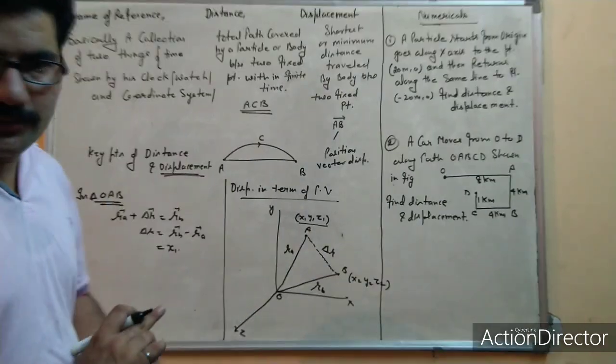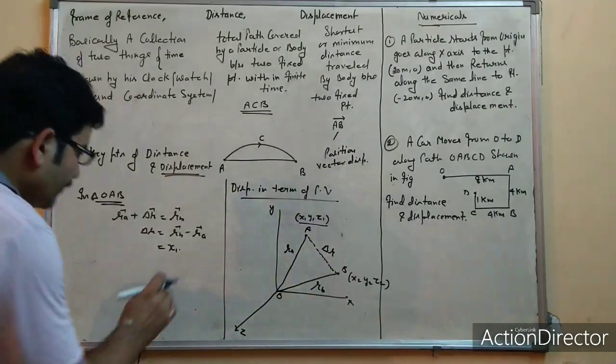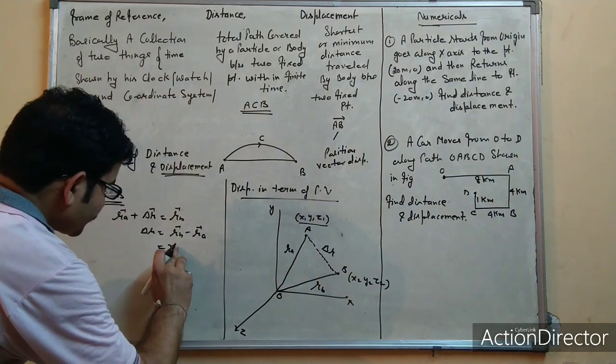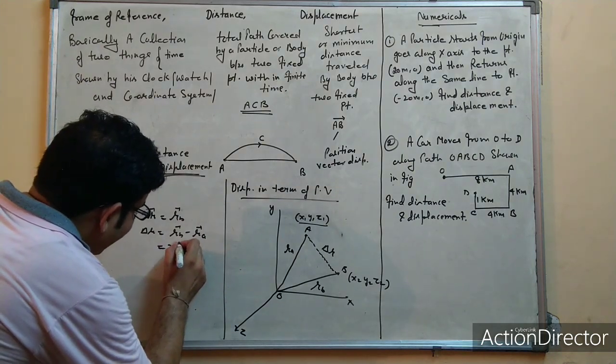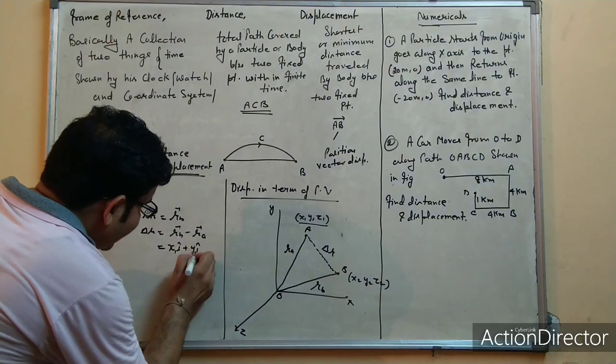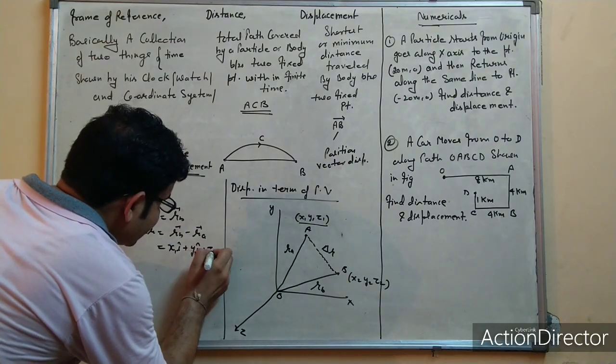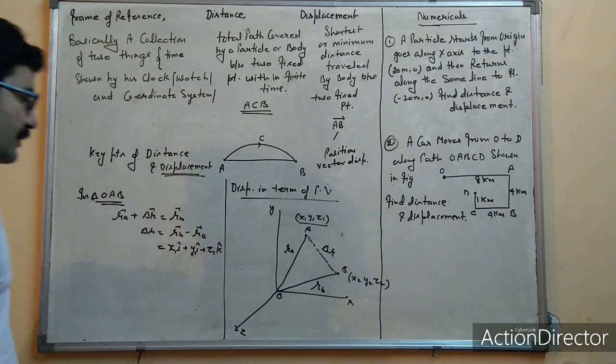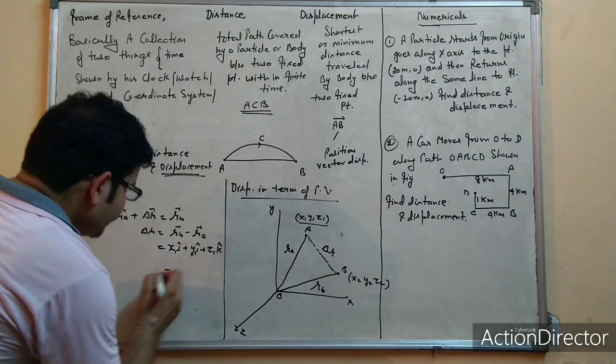So it will be x1 i cap plus y1 j cap plus z1 k cap for RA.